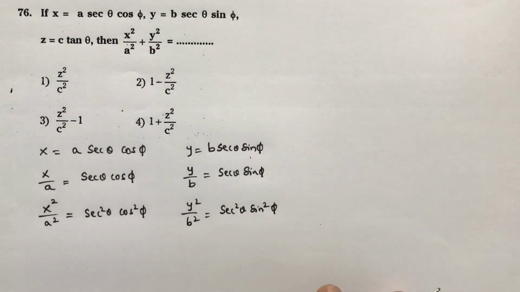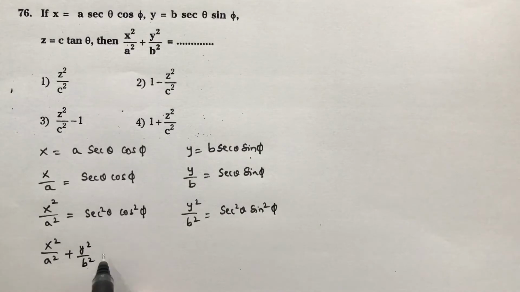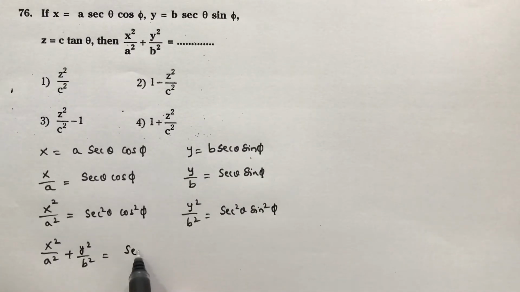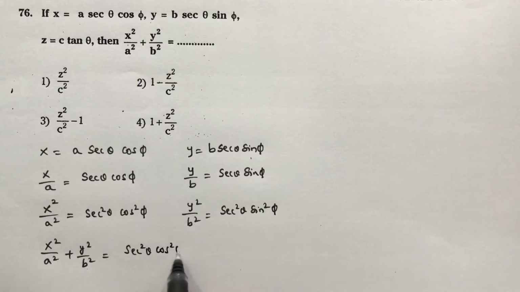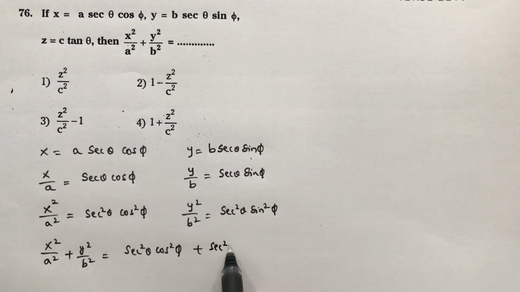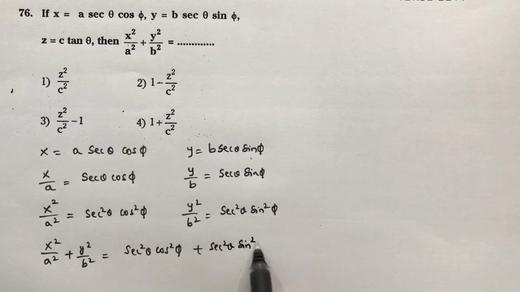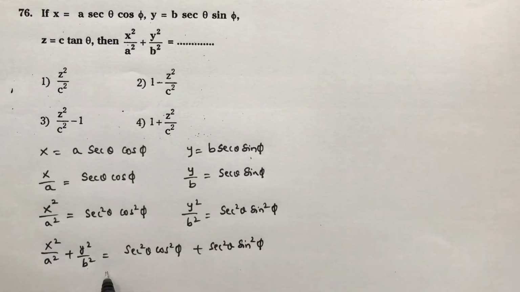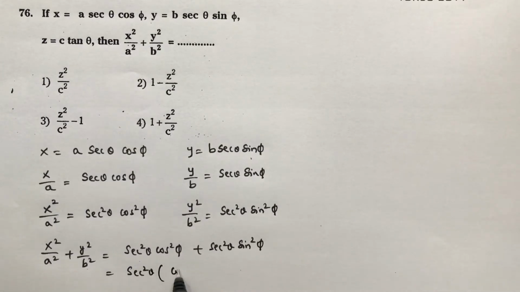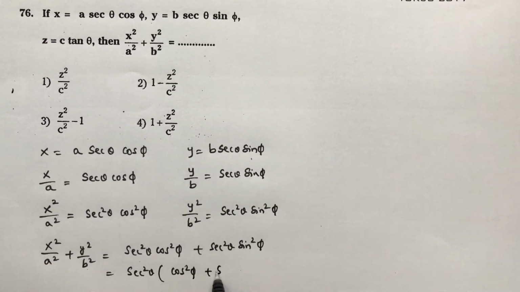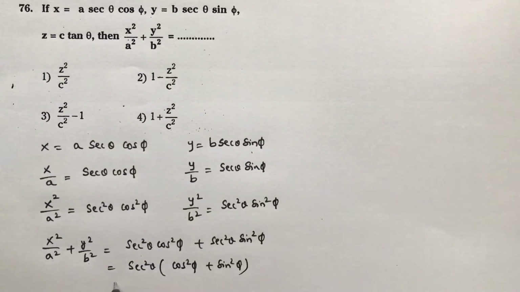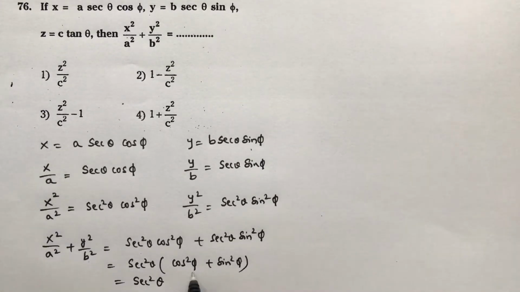So x square by a square plus y square by b square equals secant square theta cos square phi plus secant square theta sin square phi. If I take secant square theta common, you'll be left with cos square phi plus sin square phi, and its value is 1. So here I got secant square theta, because it is 1.